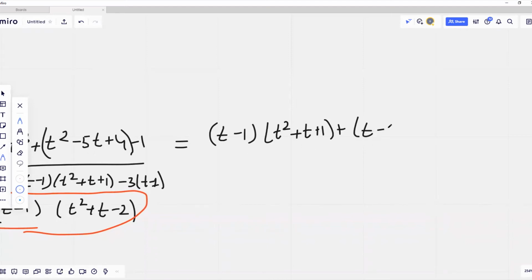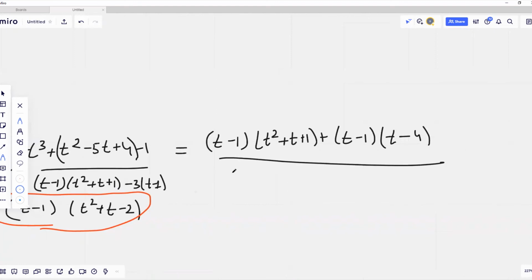So t minus 1. Second root is 4 over 1. So this is t minus 4 divided by this term here, t minus 1, t squared plus t minus 2.